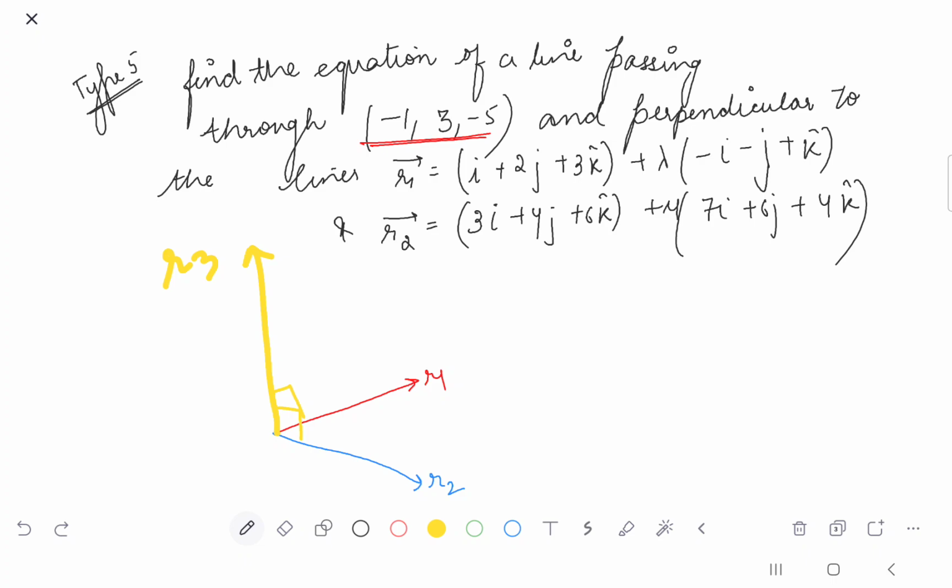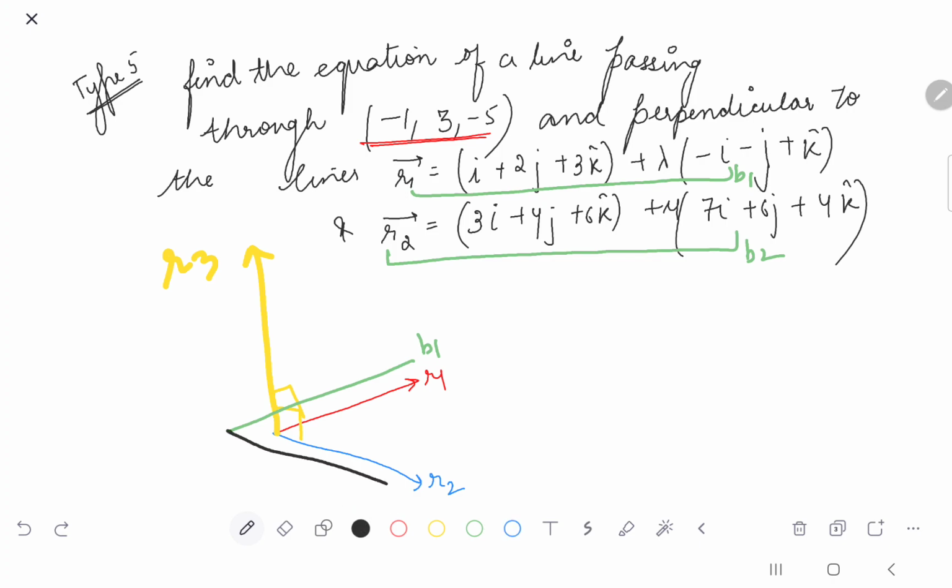Now you tell me. R1 is parallel to what? B1. This is B1. And R2, from the equation, I know is parallel to B2. So R1 is parallel to B1 and R2 is parallel to B2. So don't you think that B3 shall be perpendicular to both B1 and B2?